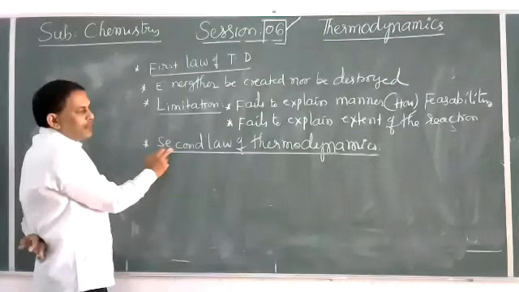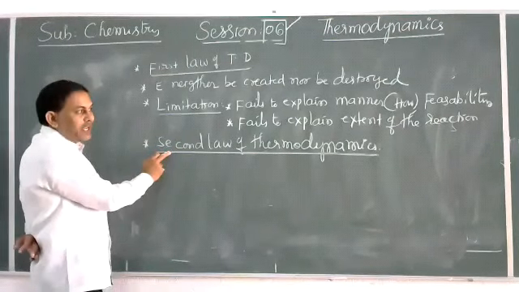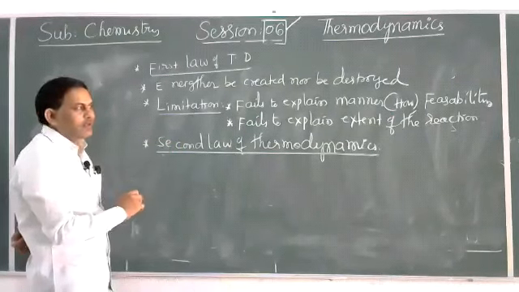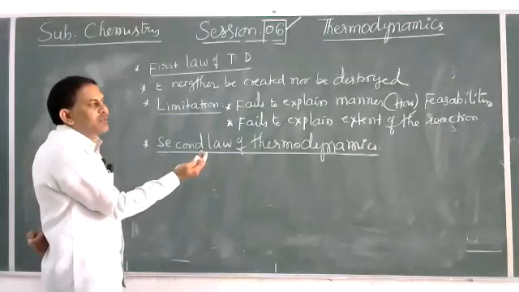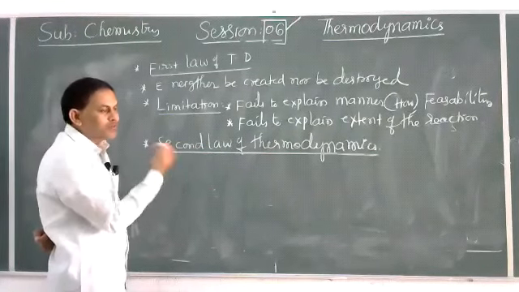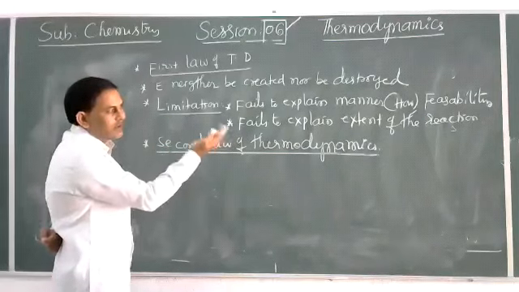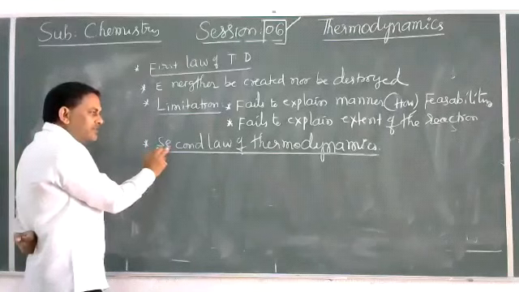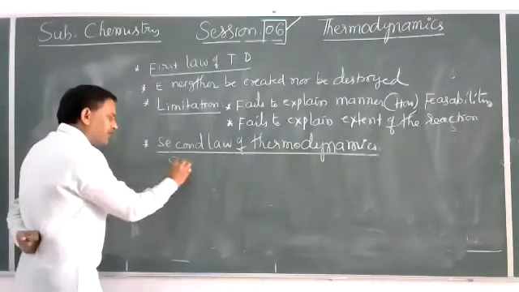This second law is useful to explain how the reaction takes place. Is it possible or not? Whether the reaction takes place spontaneously or not, and how much it is completed, the extent of the chemical reaction, is explained clearly. So to explain the statement of the second law of thermodynamics, we first want spontaneity.